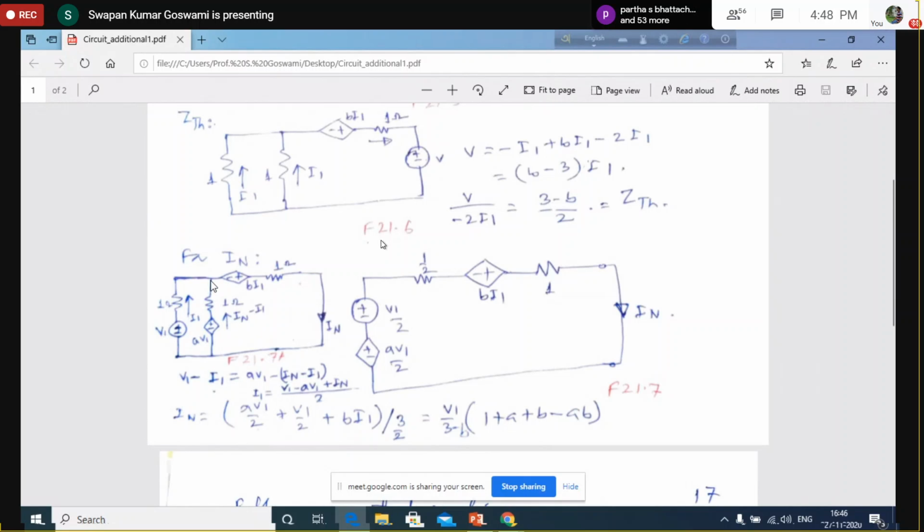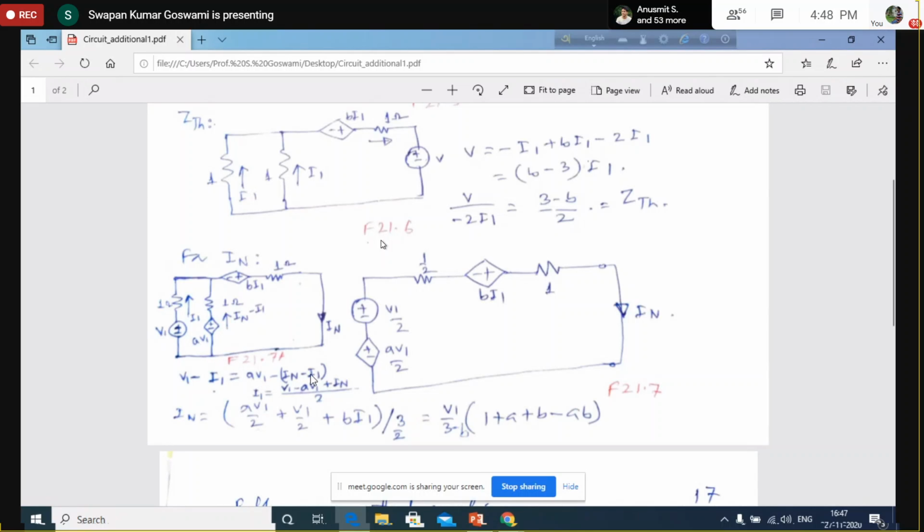Now, across these two terminals, these are the two branches connected in parallel. Obviously, the voltage across these two branches is the same. So you find out the voltage across this branch from the voltage and the current flowing through this impedance. This is the voltage across this branch, and this is the voltage across this branch.